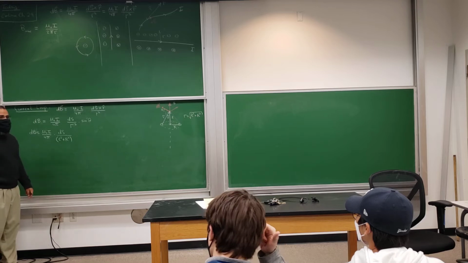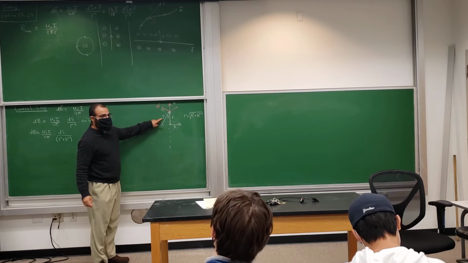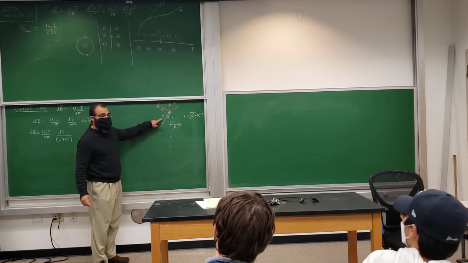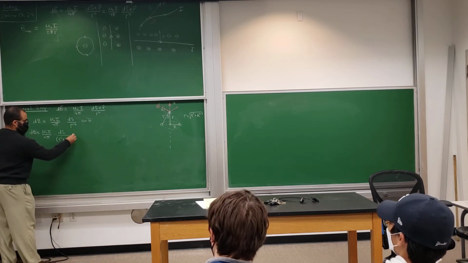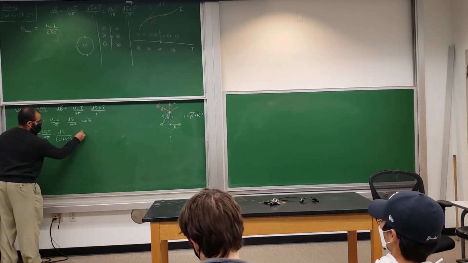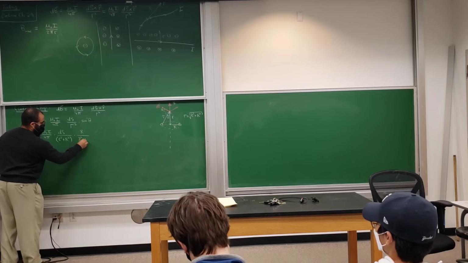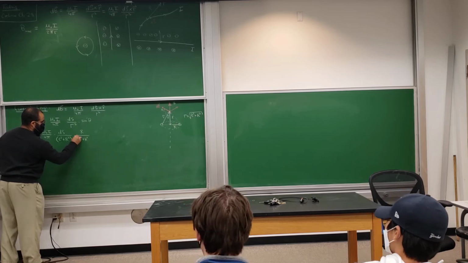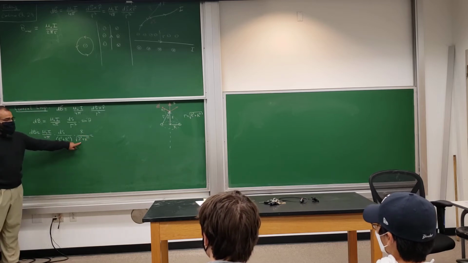The sine of theta is the opposite over the hypotenuse. The opposite is capital R, the hypotenuse is little r. So you have the opposite, which is capital R, over the hypotenuse, which is the square root of z squared plus R squared. This is to the power 1, this is to the power half.